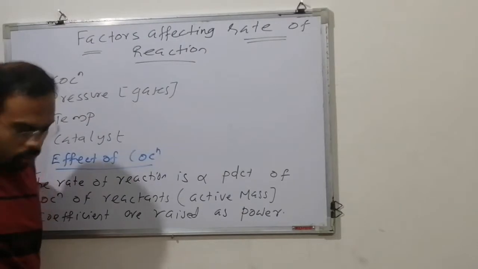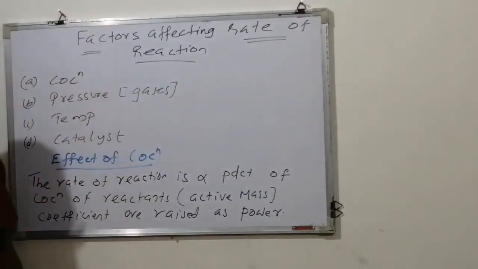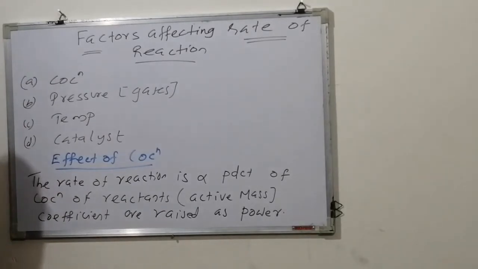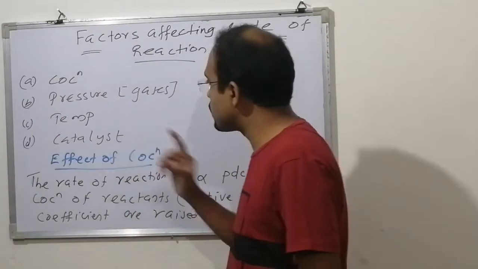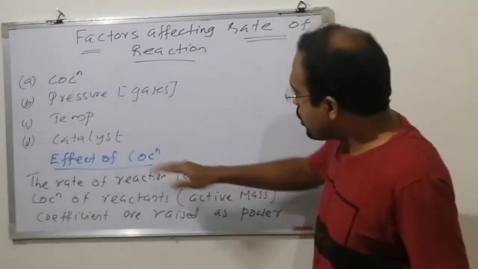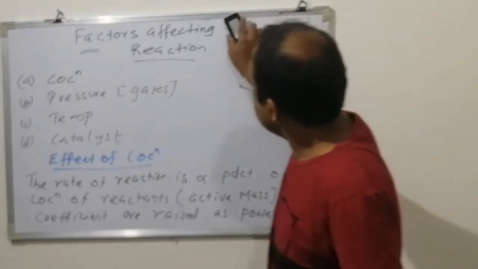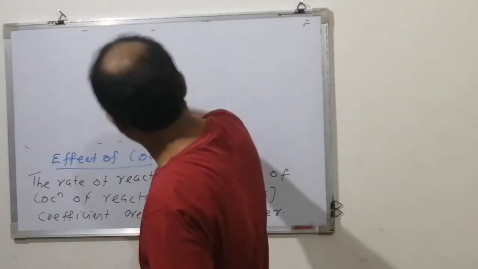Therefore, it's not a complicated one. Both could be understood together. Temperature is another one we will discuss in detail. Catalyst is another one we will discuss in detail. Now we can go to the topics: effect of concentration and pressure.